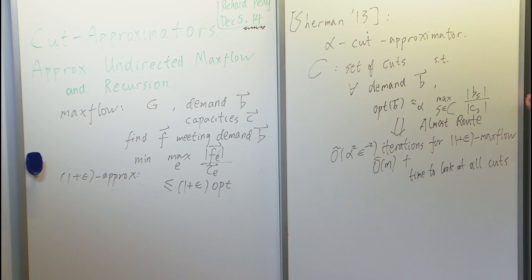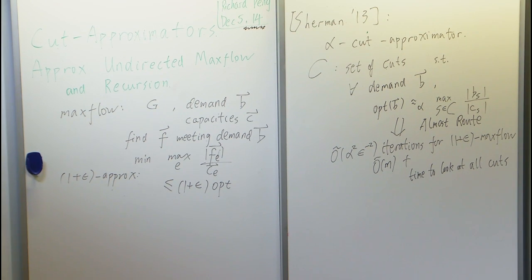In the result by Jonah and also in the result by Kelner, Lee, Orecchia, and Sidford, they give highly efficient constructions of alpha cut-approximators whose size is almost linear.